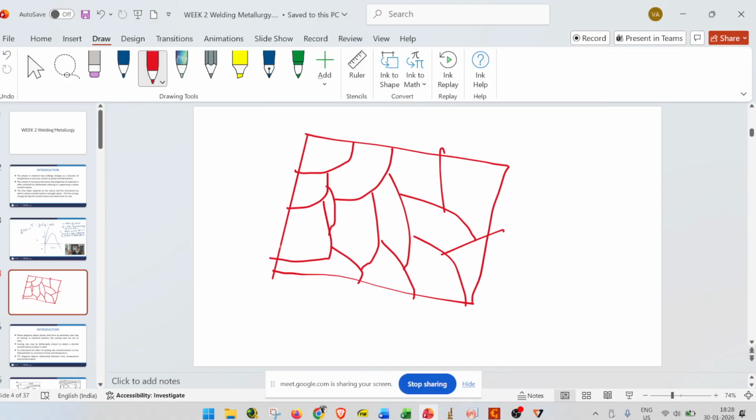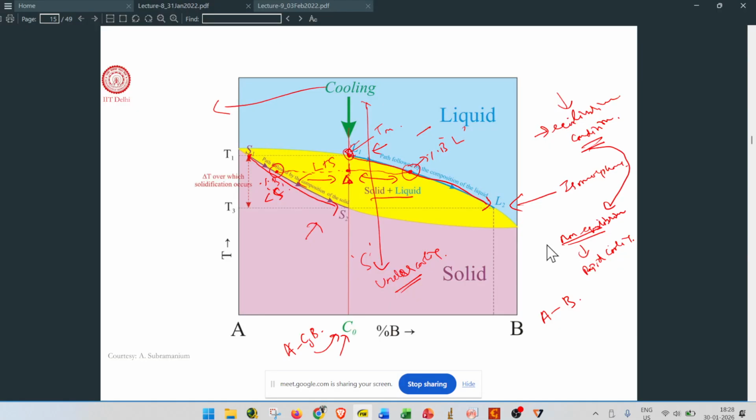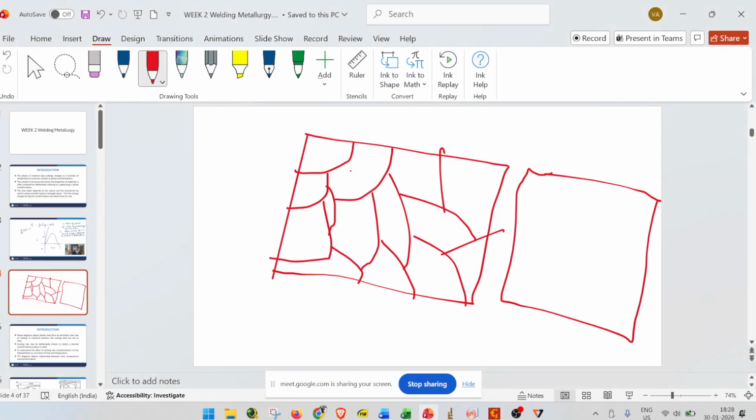Okay, so how the grains are actually forming is that, first it is the liquid phase. Once the temperature starts lowering and it has reached this region, it will first form the nucleation. Okay, nucleation is nothing but seeds, seeds from where the first solid phase is forming.